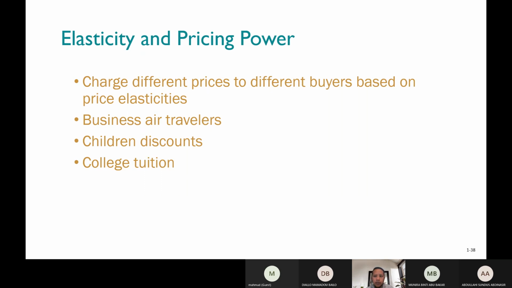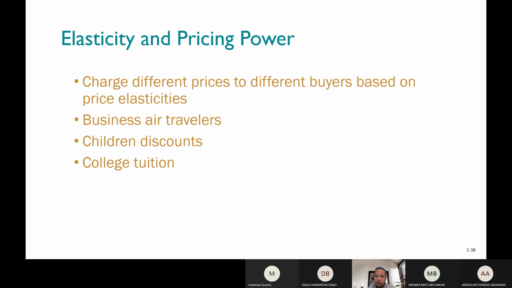So, elasticity and pricing power. When we look at elasticity and its application in economics, you can see that some companies have what we call market power and pricing power, which allows them to set the price of the product in their own best interest.